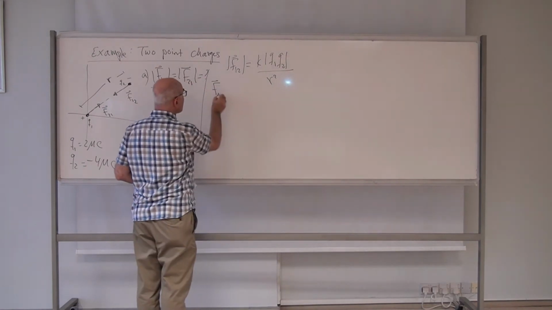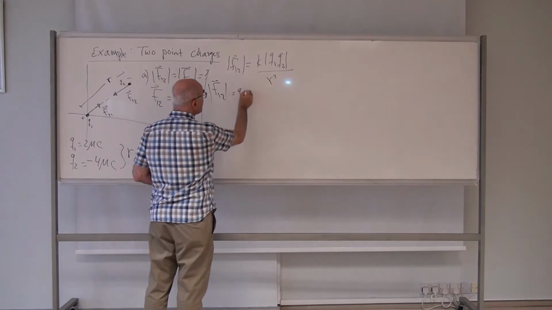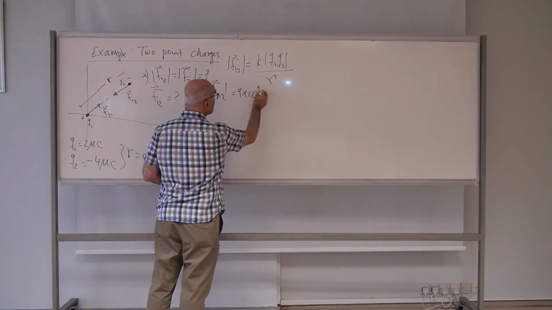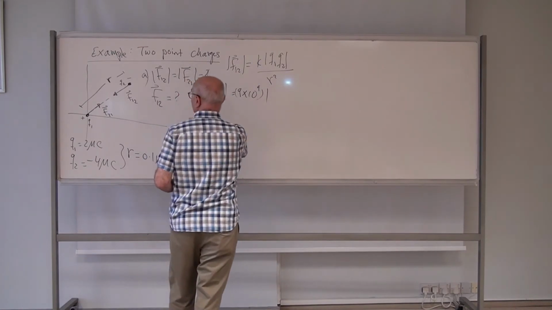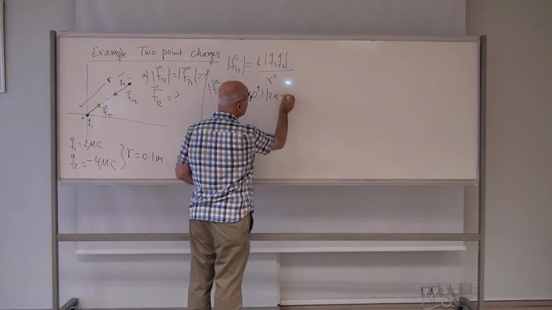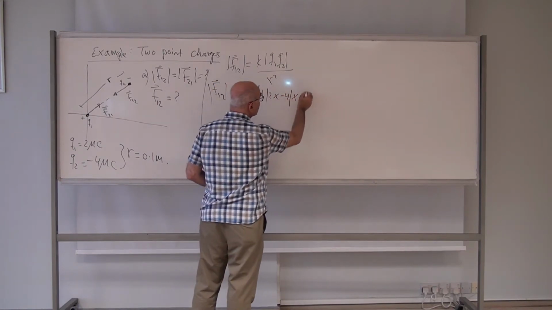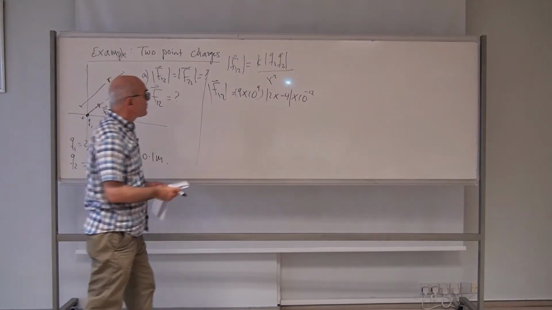So F12 in this case, just substitute: K is equal to 9 times 10 to the power 9. And these two quantities are minus 2 and minus 4, so it is 2 times 4, the absolute value, times 10 to the power minus 12, because I have micro, 10 to the minus 6.